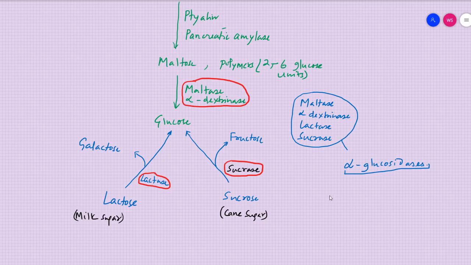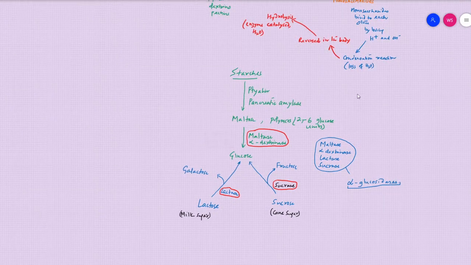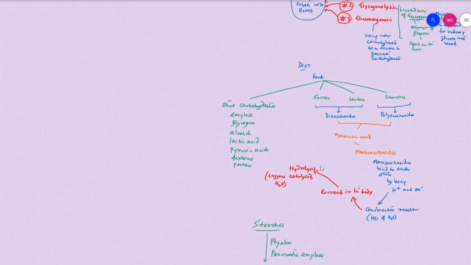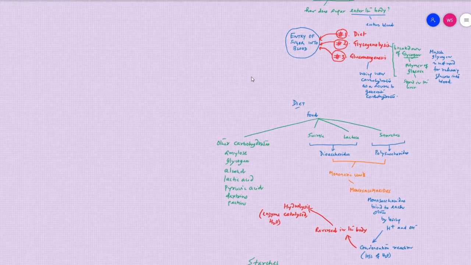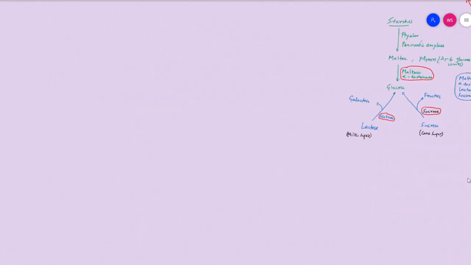Why is that important to know? We'll come back in just a minute. Up till now, what are we talking about? We are talking about how sugars enter the blood. That's what we have considered. So now let us see how sugars exit the blood.